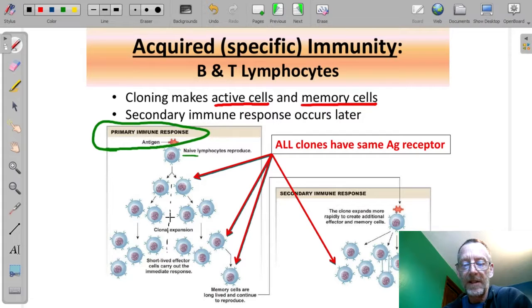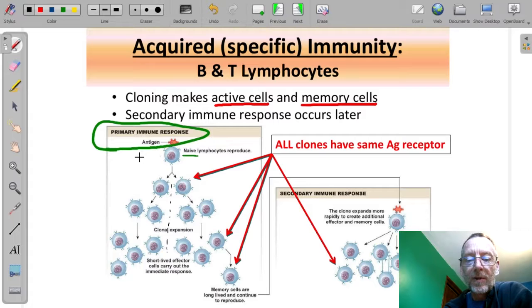So now we have many B cells and T cells. Some of those will fight the infection today, and others will go off and lie quiet, but ready to fight the infection, the same antigen, if it sees it again. But now we have lots of different clones, all now with the same antigen receptor.